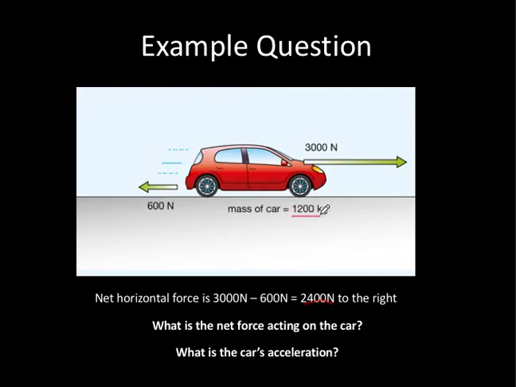So if you put into your calculator 2,400 divided by 1,200, which is the mass, that gives you an acceleration of 2 meters per second squared. And this little 2 is just supposed to be up here.